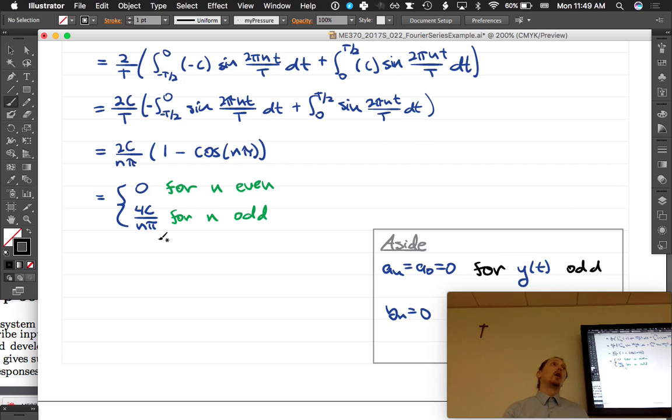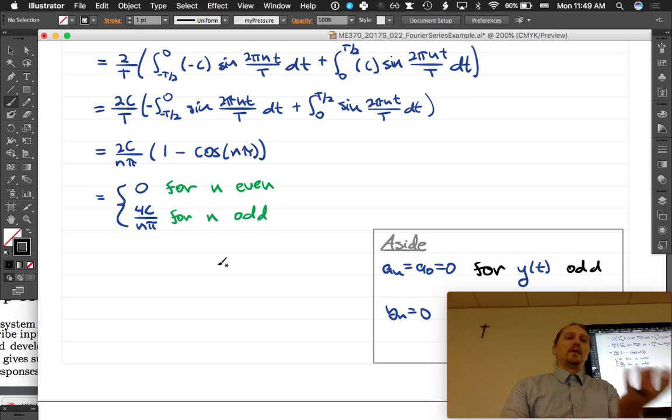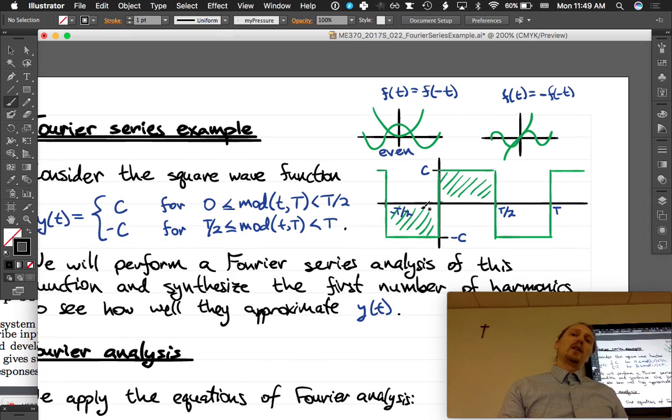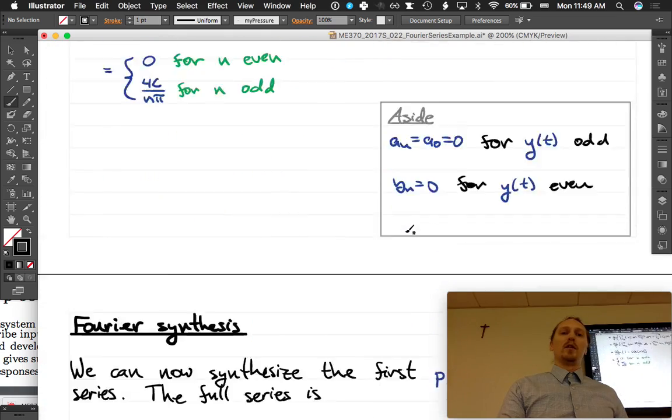Those are the only harmonics that show up, the odd ones. That's a piece of information that we wanted to know: where are the harmonics that show up. We kind of suspected we couldn't just use a sine wave to represent this. Maybe we're going to need more than that.